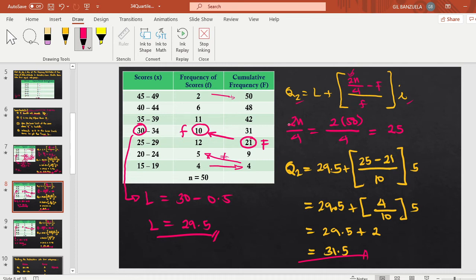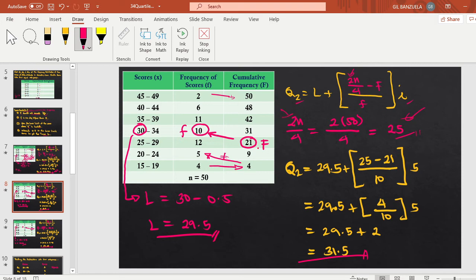Then getting the value of twice n over 4, since n is equal to 50, plugging in that value to the formula, we have twice of 50, that is 100 over 4, so we got 25. And again, take note, the cumulative frequency should not exceed this value.